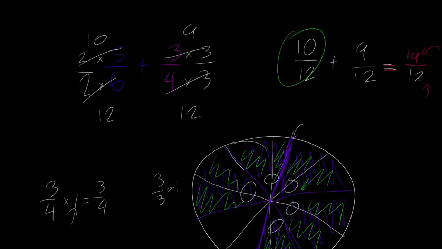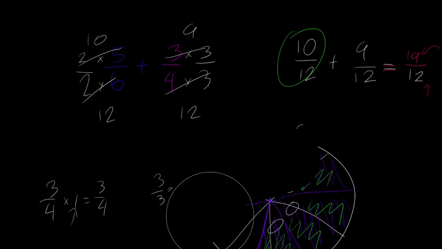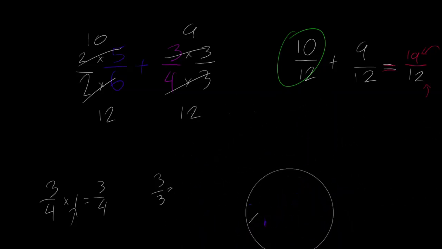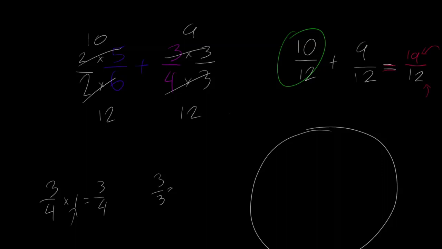So if we wanted this as a mixed number, we would first try to draw this in a pie. So let's draw that in a pie. If we get 19 over 12, we would have to draw 12 equal sections, which would be this.